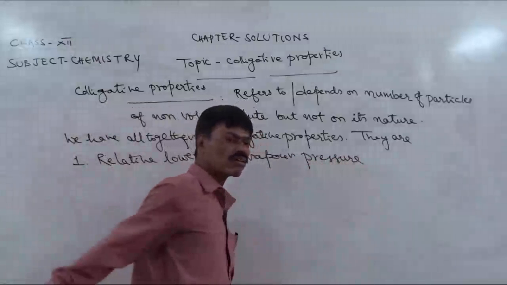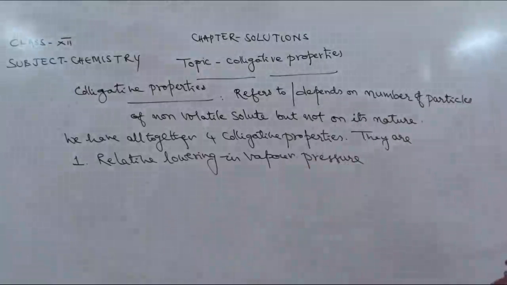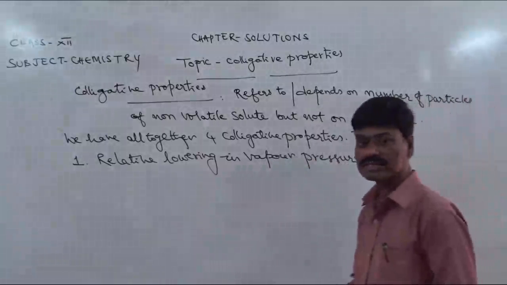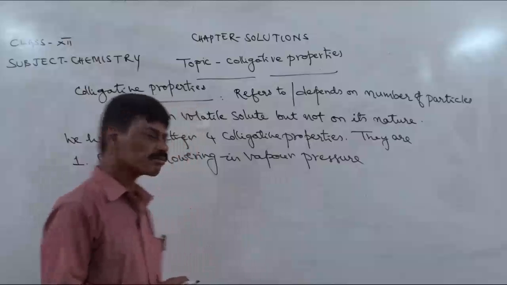And second colligative property is elevation in boiling point. Third property, depression in freezing point. And the fourth property, that is osmotic pressure.